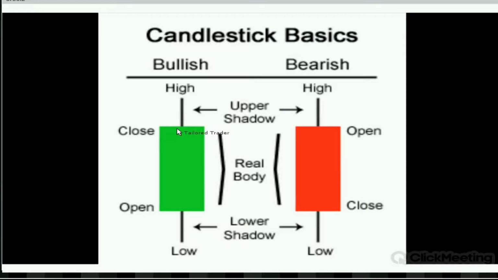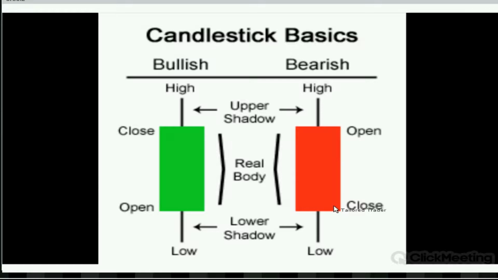It's a bullish candle because it closed on a higher price than what it opened in. Now, the same thing goes for a bearish candle. It opened at this price up here. It reached up to this point. It retraced back down to the opening price, started building the body, and it went as low as this price down here. It retraced back up and it closed at this price.